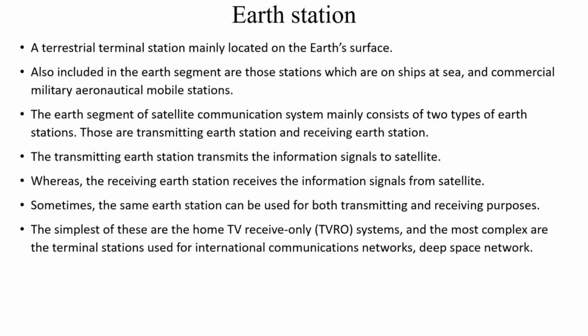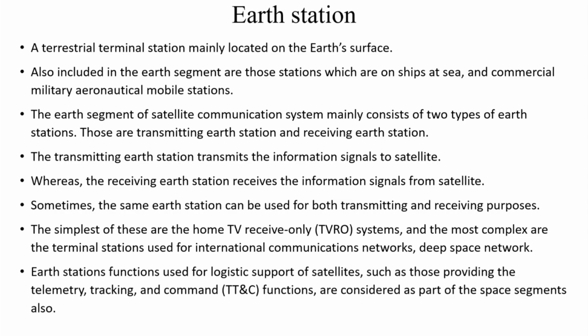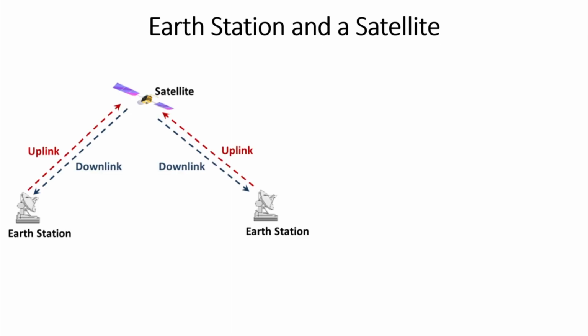The simplest of these are the home TVRO, or TV receive-only systems, and the most complex are the terminal stations used for international communication networks as well as the deep space network. Earth station functions used for logistic support of the satellite, such as providing telemetry, tracking and command functions, are also considered part of the space segment, as you have already seen.